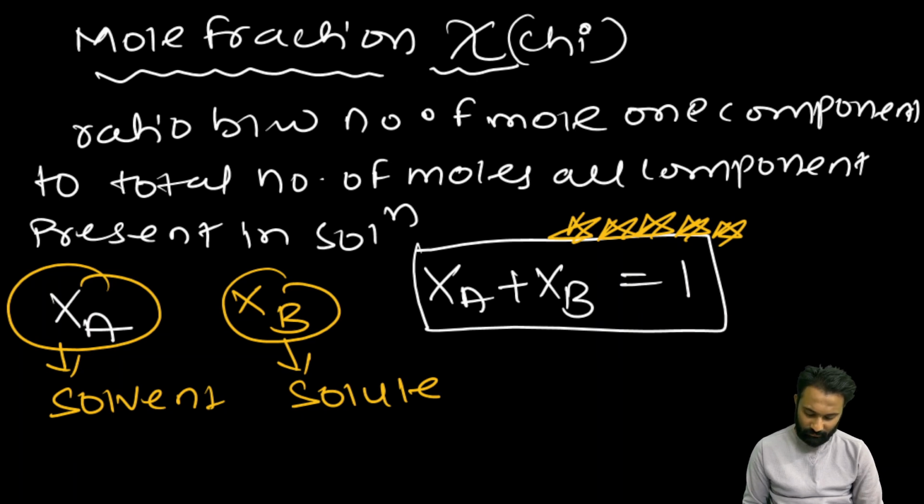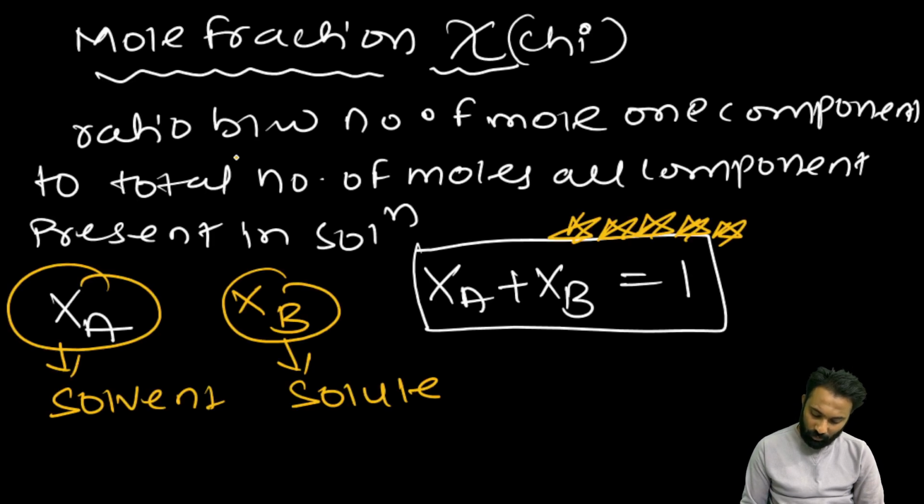Now I will explain. Listen carefully. What is the chi B formula? Mole fraction is the ratio between the number of moles of one component to the total number of moles of all components present in the solution.